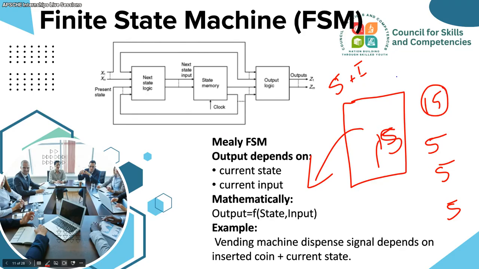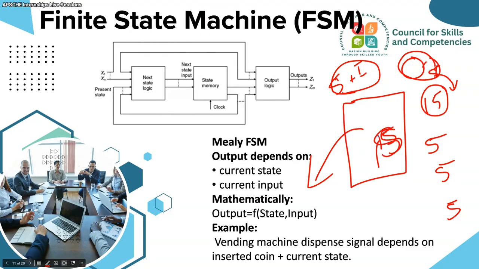So now you have one more state. There is a state, and then again we are putting the input. So the output is going to depend upon the state and the input. Now the product will not come out.